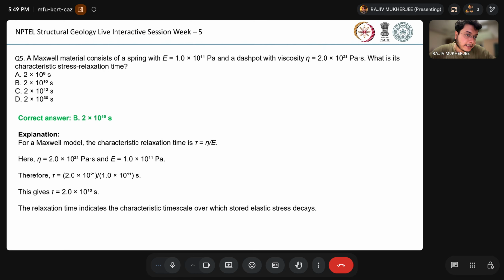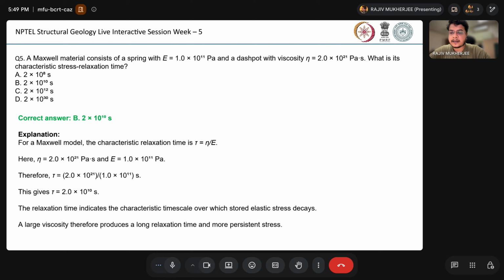So it's not a strain decay model; it's a stress decay model, right? It is a form of creep, but it involves relaxation of stress. Okay, so now we should move on to the next question.